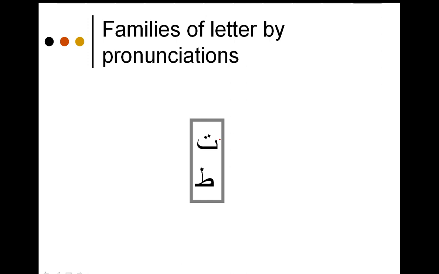The letter ta in Arabic is pronounced as English T. So it's either ta, tu, or ti. This one is the other letter ta, and the pronunciation is either ta, tu, or ti. What's the difference?